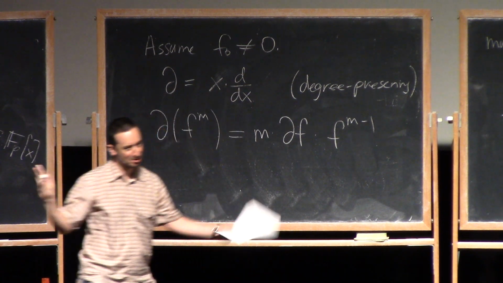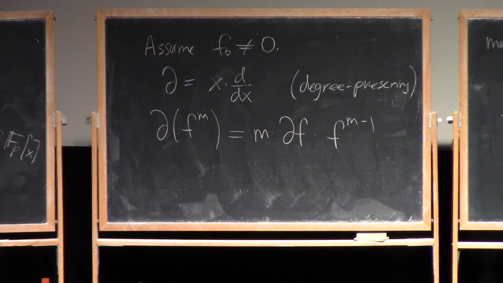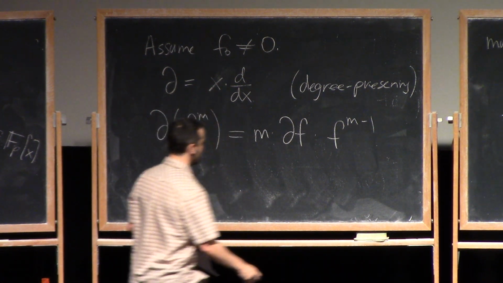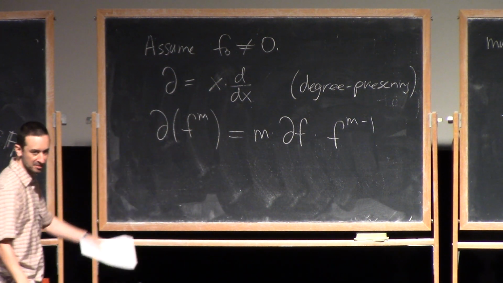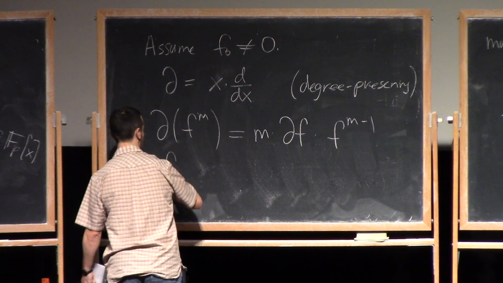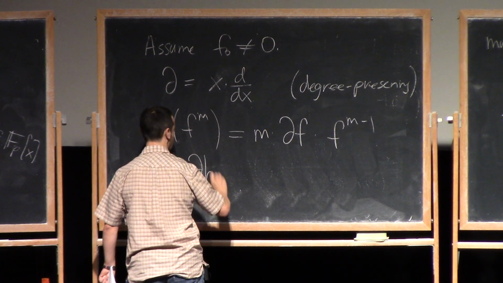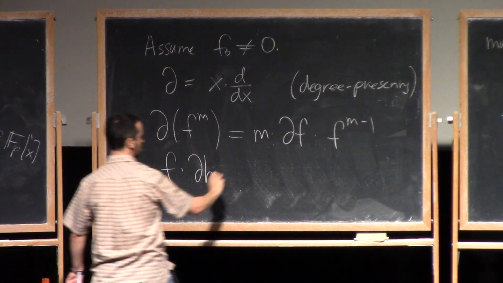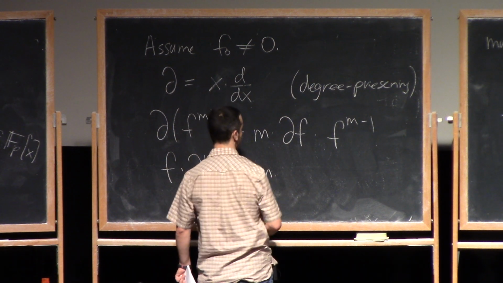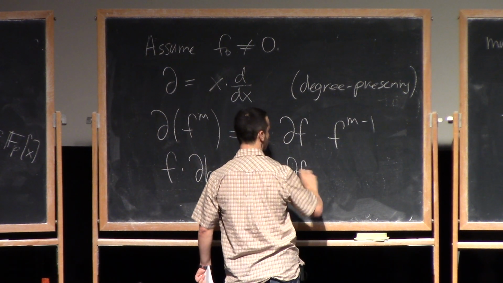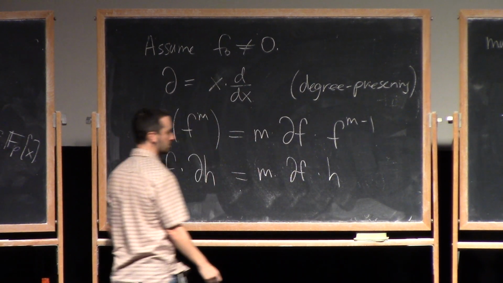Now these are just formal derivatives, right? We're just doing formal derivatives of polynomials. There's no actual calculus here. And then I'm going to multiply both sides by f. And here's what I get. F times del h, right, that's h, is going to be m times del f times h. Okay, this is very, very important.